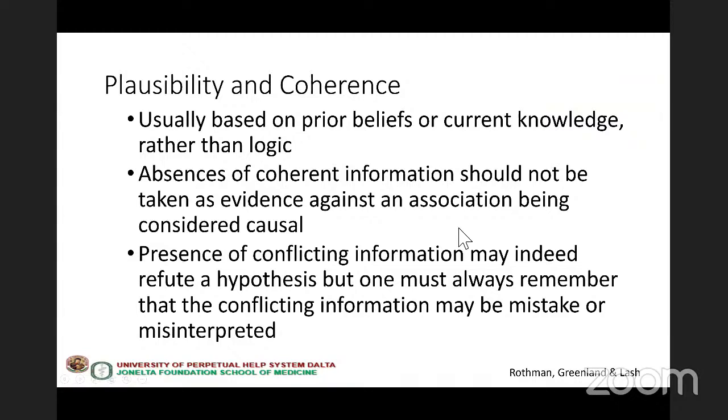Plausibility and coherence. So this is usually based on prior beliefs or current knowledge rather than logic. So absence of coherent information should not be taken as evidence against an association being considered causal. The presence of conflicting information may indeed refute a hypothesis, but one must always remember that the conflicting information may be a mistake or a misinterpretation. So is it a possibility?